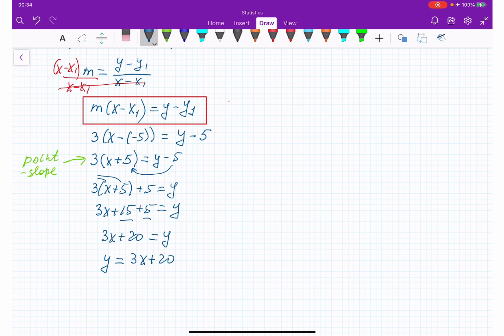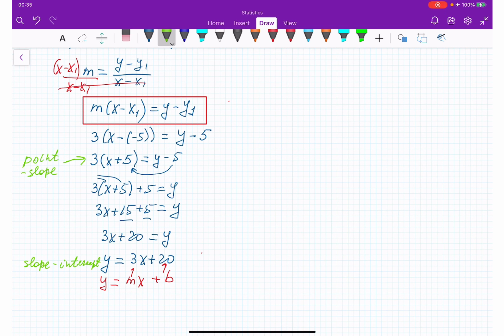Does it look like our slope-intercept, y is equal to mx plus b? So my b is 20 and here m is 3. Okay, so this is my slope-intercept form.